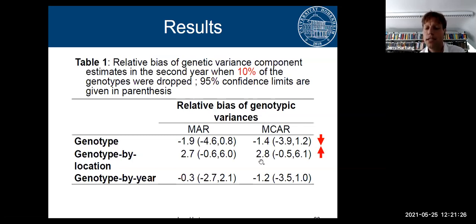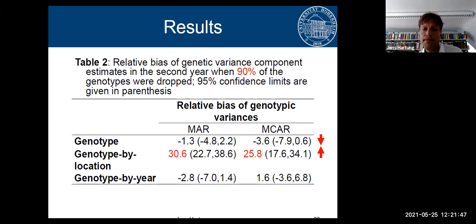So the confidence limits include the 0, so the estimates are not significantly different from 0, with 10% genotypes dropped on a yearly basis and 2 years of testing.